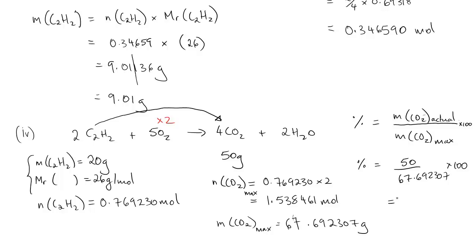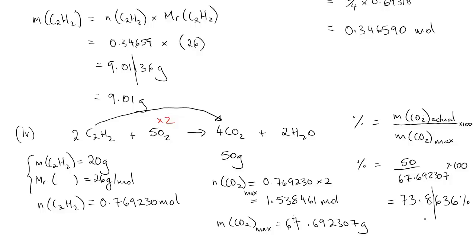So that way, 50 divided by, I'm just going to calculate it now. It is 73.8636%, and then we have to just cut it off at still three significant figures, because it's always the lowest number of significant figures.